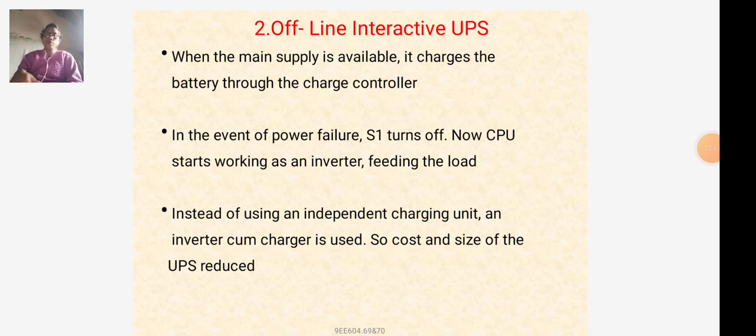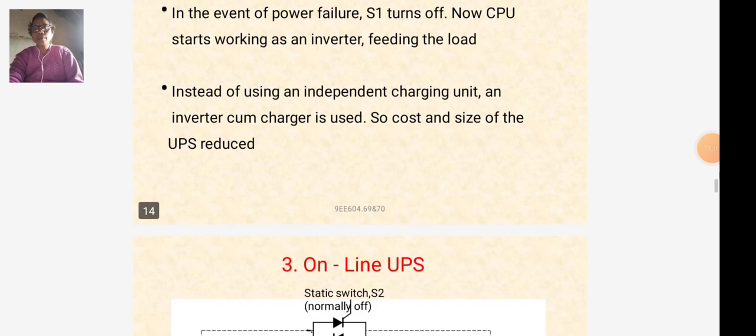In the event of power failures, S1 turns off. Now the inverter starts working, feeding the load. So instead of using an independent charging unit, an inverter cum charger is used. So cost and size of the UPS are reduced.